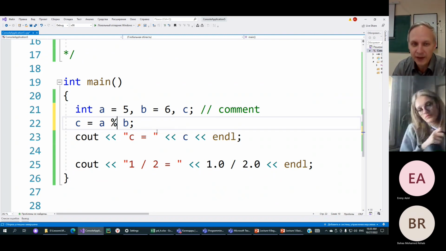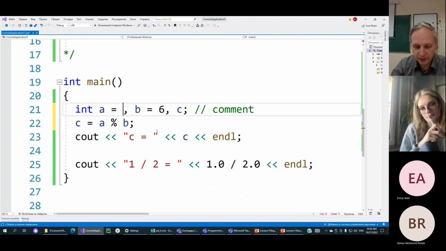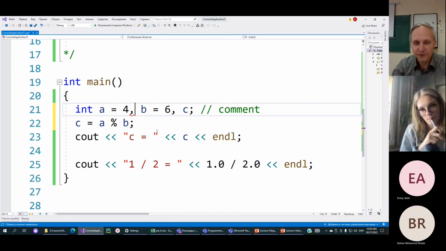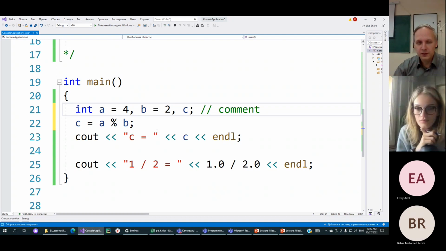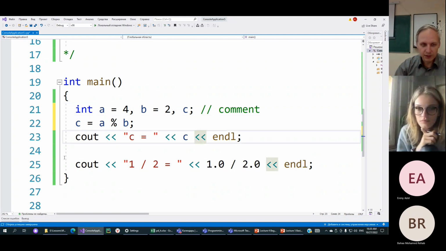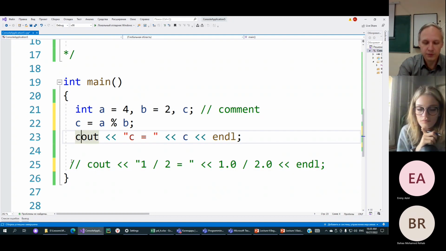Suppose that I divide, for example, again, let's consider a simple example, 4/2, right? 4/2. What is the remainder of this? 0. So the remainder of this operation will be 0.